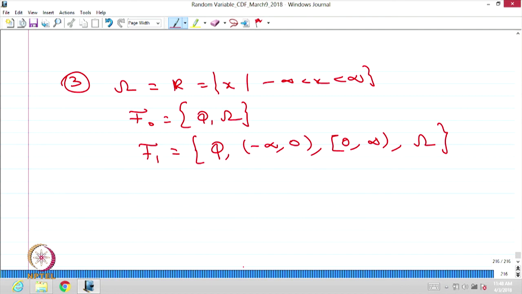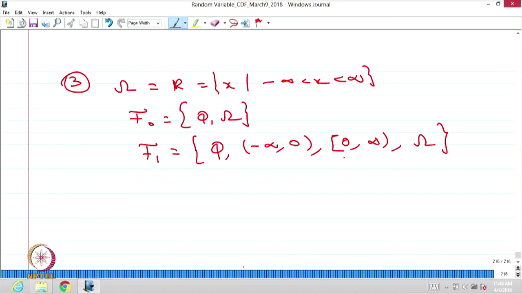Therefore, F1 is also a sigma field. The way I break minus infinity to infinity at 0, one side open interval, the other side closed, you can think of any real number. You can partition the whole interval into two pieces at any real point, then you can make two elements, and you will have many sigma fields.